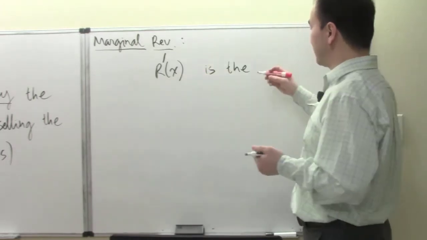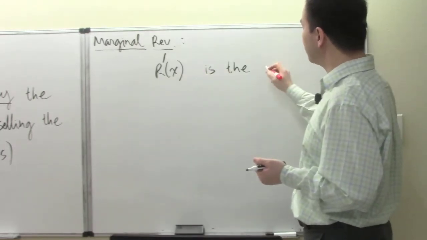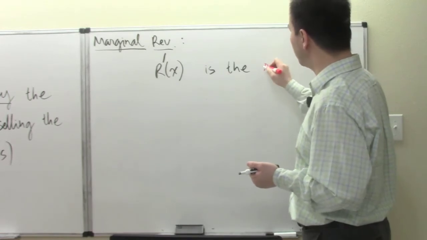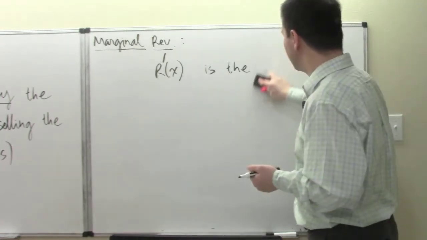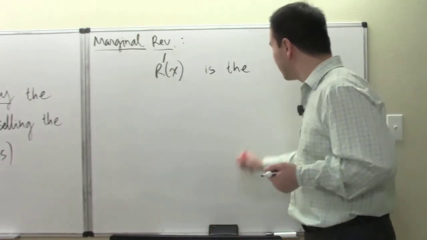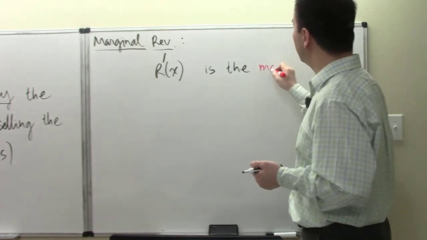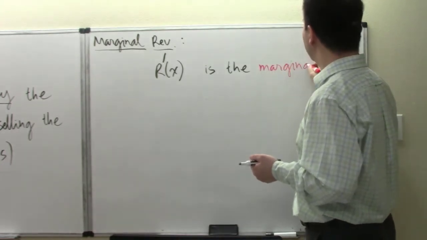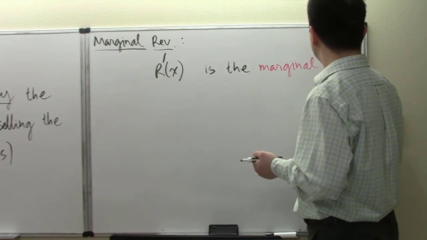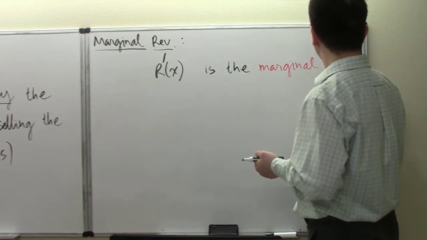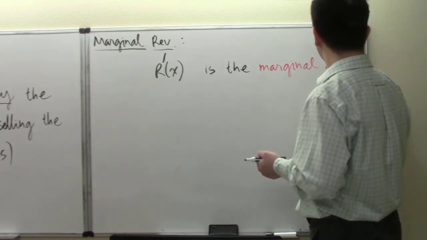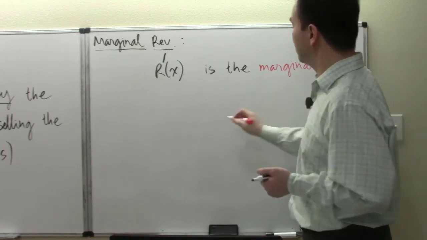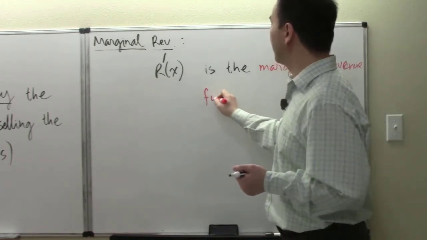So R prime here is the so-called marginal revenue function.